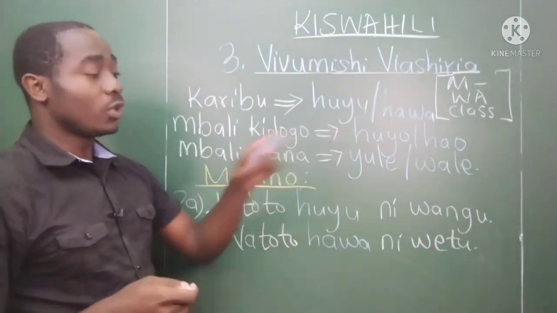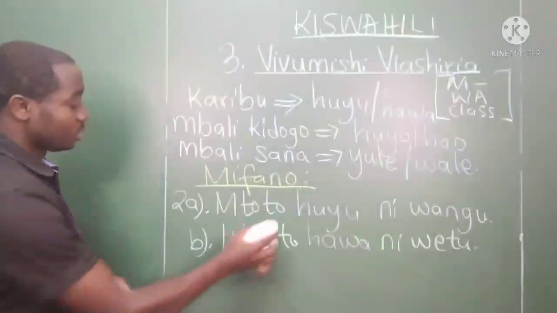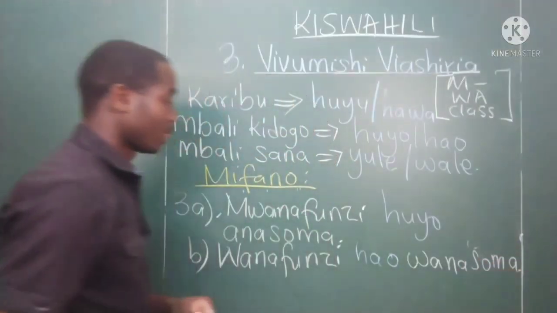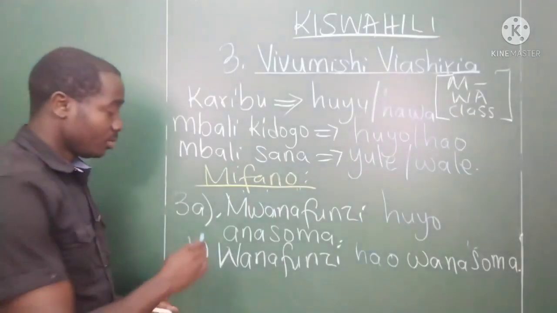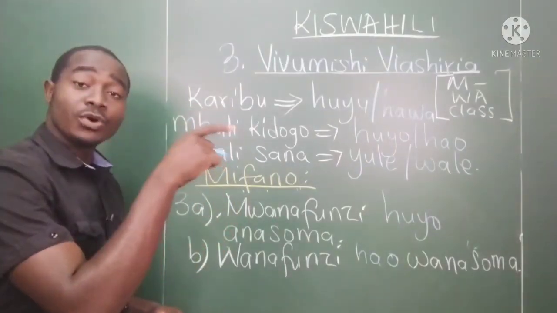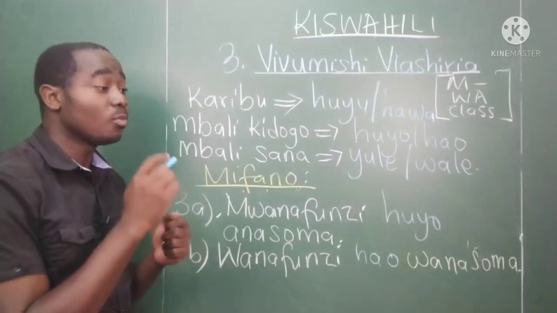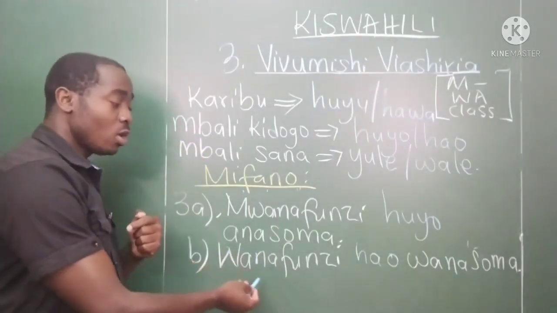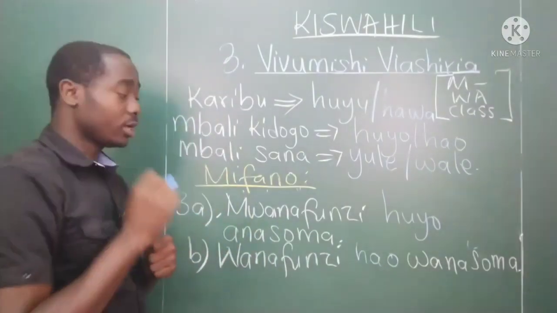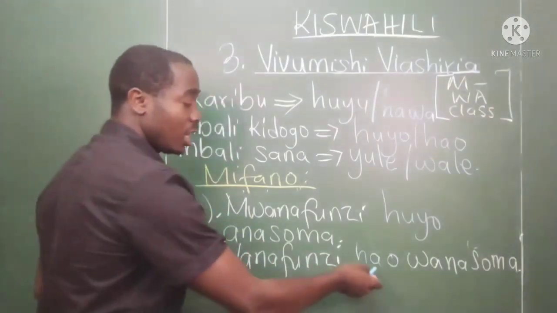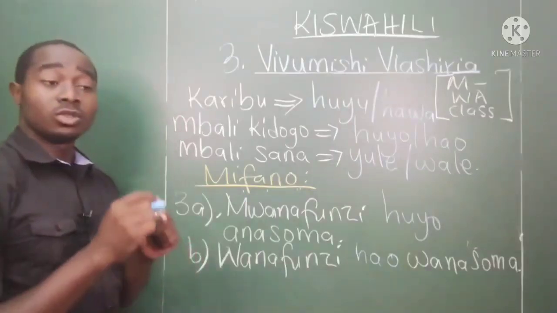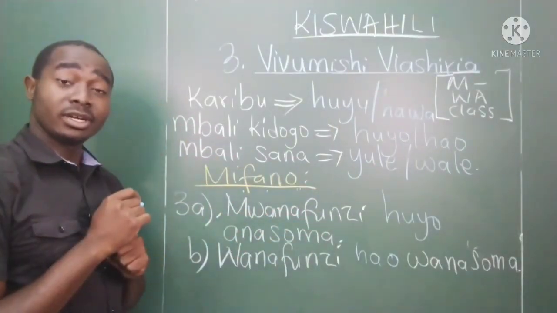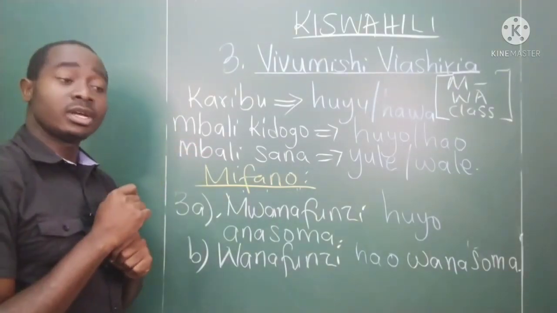Let's have this huyo. Mwanafunzi huyo anasoma. Sawa? Kwa wingi, wanafunzi hao wanasoma. That student is reading.